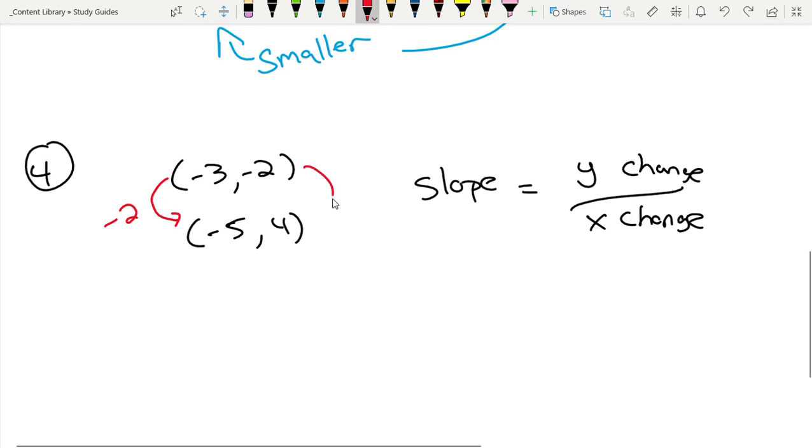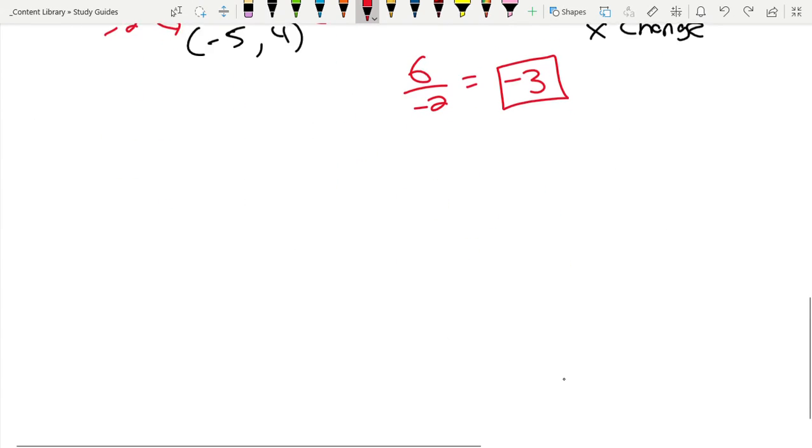And then to get from -2 to 4, you would have to add 6. So the y change, remember this is x, this is y, the y change is 6, the x change is -2, and that reduces down to -3. So our slope there is -3.